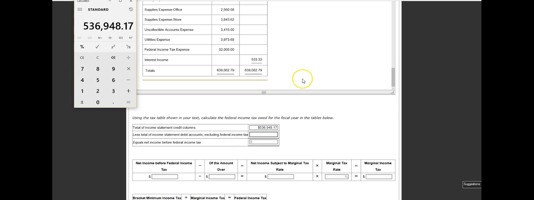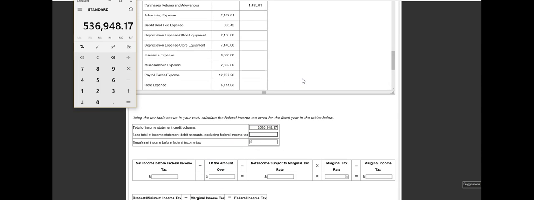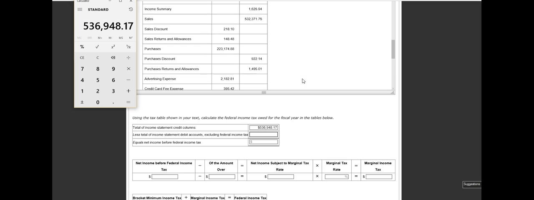Okay, less total amount statement debit accounts excluding federal tax. I'm sorry about that. I don't know where it's coming from. I don't know how to stop it.